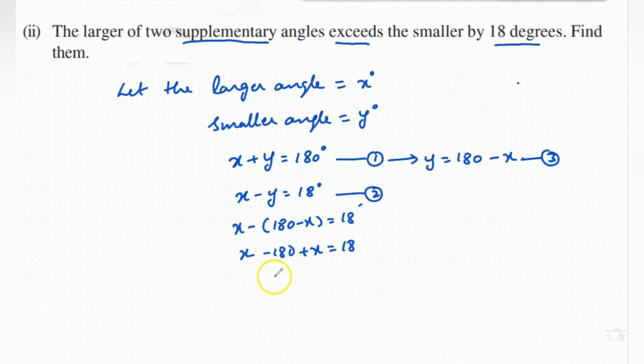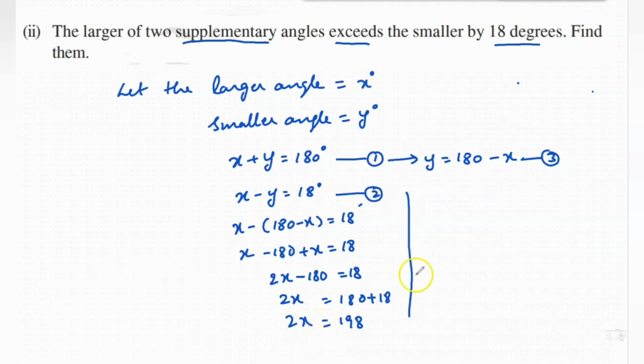Now x and x, if you add, 2x. 2x minus 180 is equal to 18. From where you can get, if you send 180 to that side, you will get 180 positive plus 18 gives you 2x is equal to 198, where x is equal to 198 by 2. 2 nines are 18, so x is equal to 99 degrees.